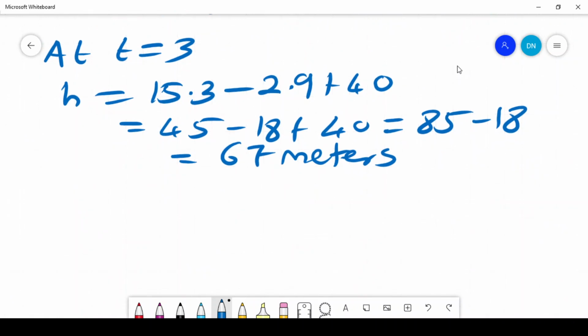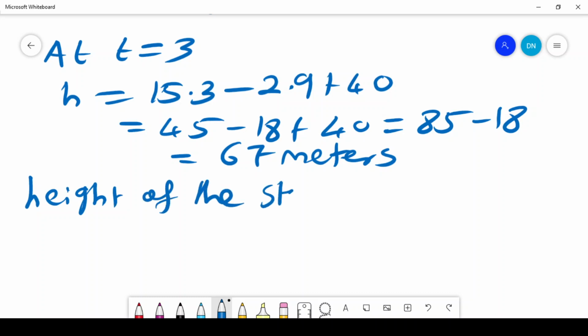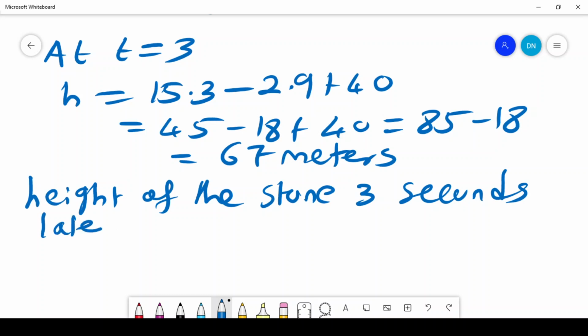So what do we conclude? Height of the stone 3 seconds later is 67 meters.